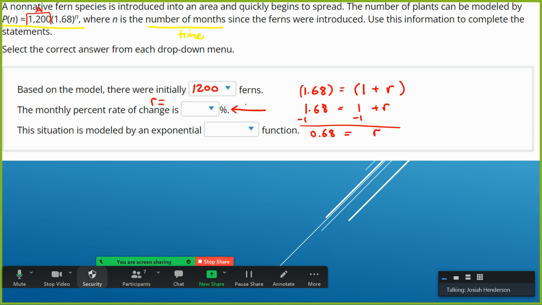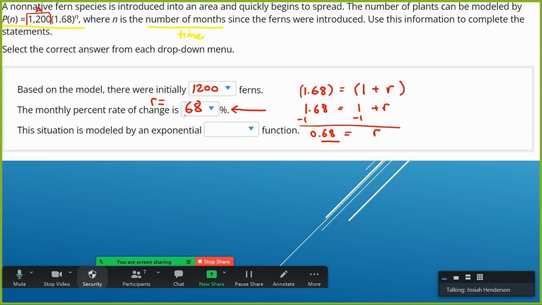They want it in a percent, not as a decimal. So the first two digits are the percentage, 68. So that means this is 68%. The first two digits are the percentage.